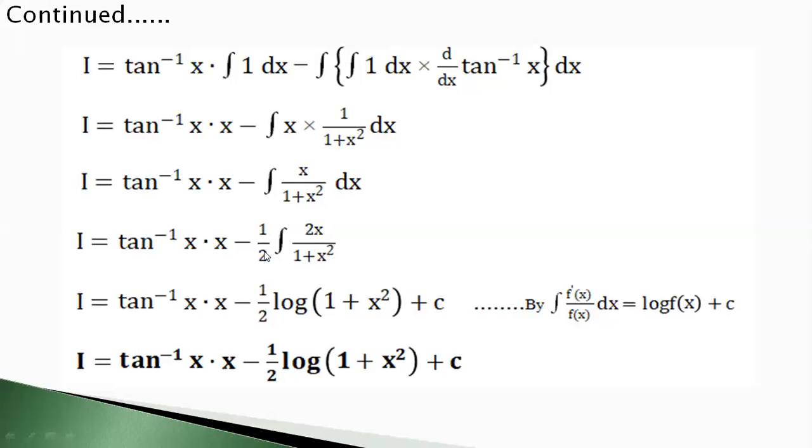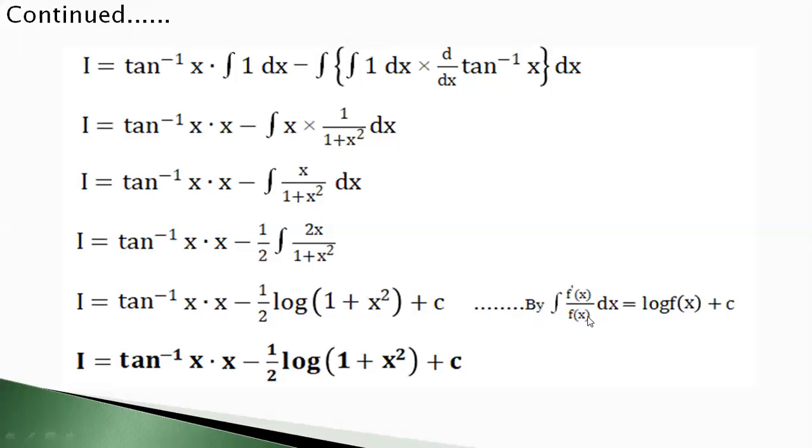Adjust the 2. Then I is equal to tan inverse x into x as it is minus this 1/2 as it is. It is a constant term. Then integration of 2x upon 1 plus x square. As we adjusted the 2, the derivative of 1 plus x square is 2x. Then as per the formula, integration of f dash x upon f of x dx, if the derivative of the denominator is present in the numerator, then the integration of this function is equal to log of f of x.